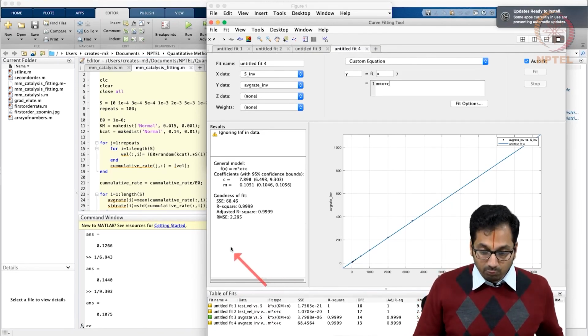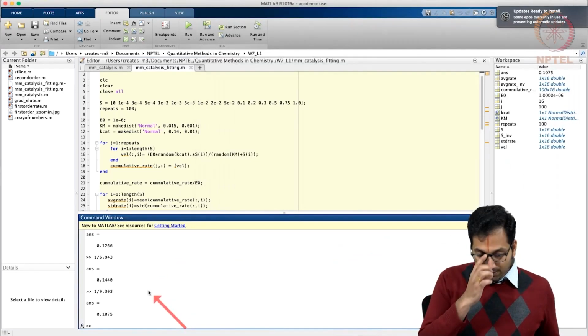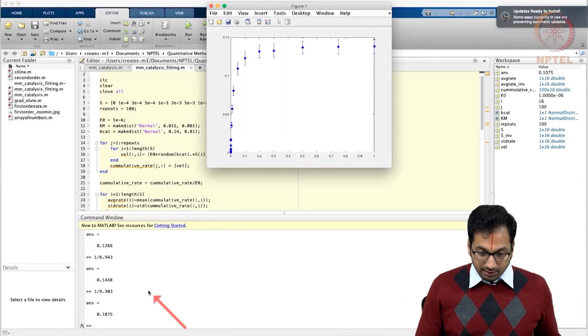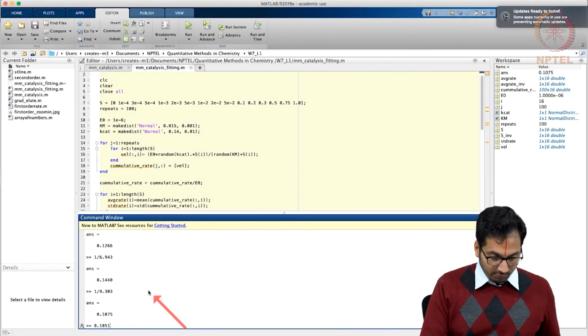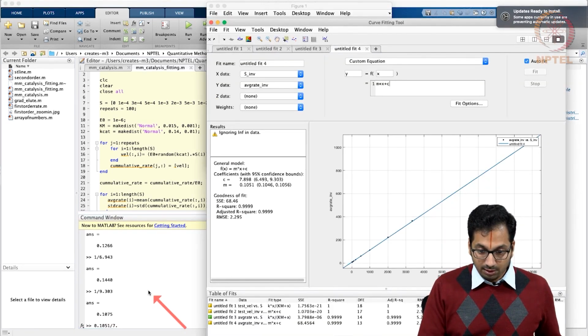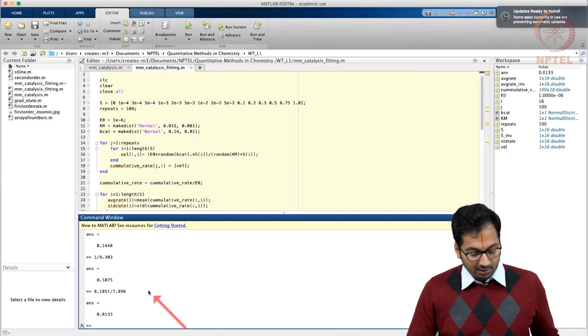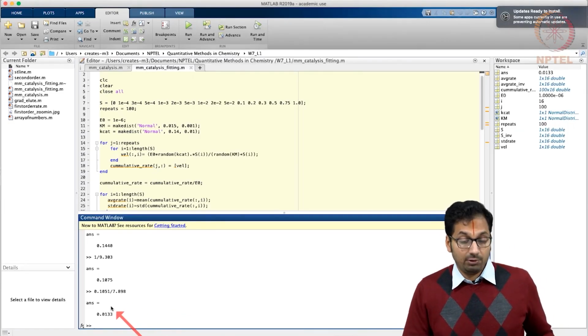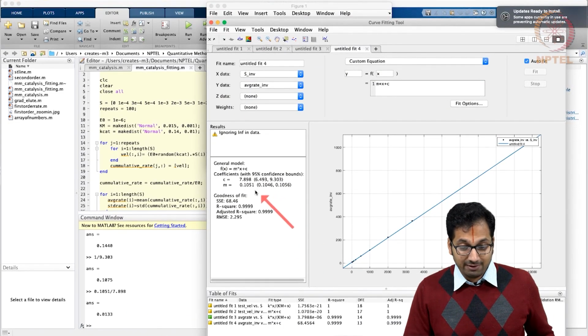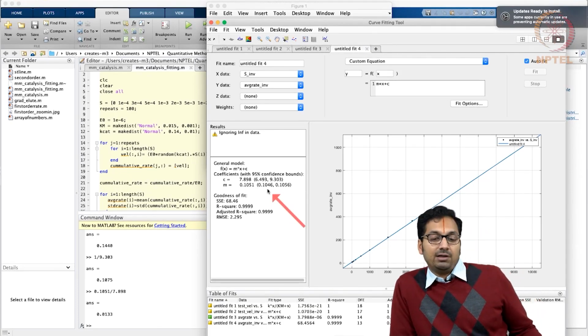Why don't we take a look at what happens for Km. So Km is determined by getting 0.1051 divided by 7.898. And what do we get? It comes up as 0.133, and of course remember you also have a range that goes here. Now the question comes, are you going to be dividing this with this value, this with that value?